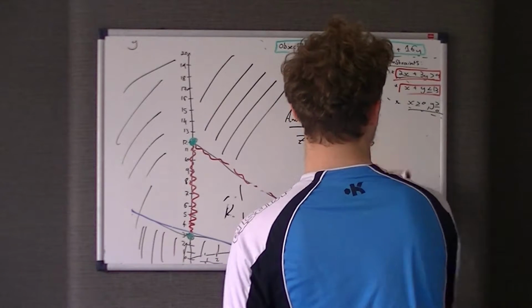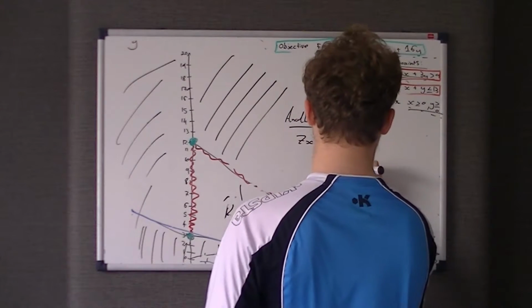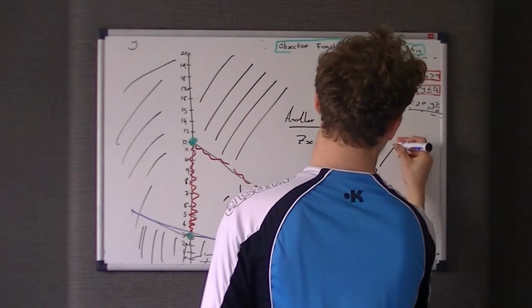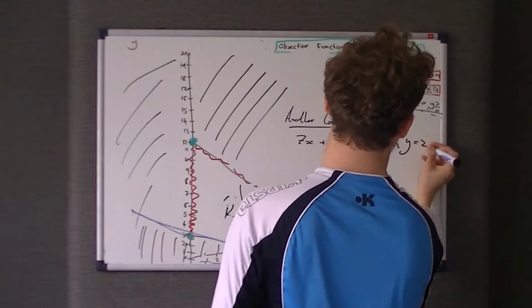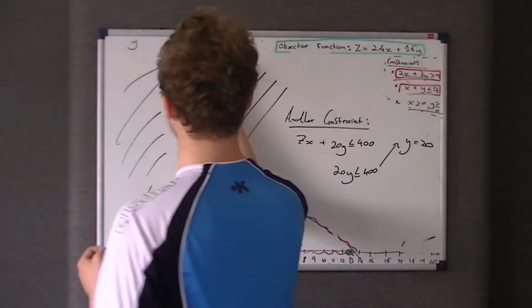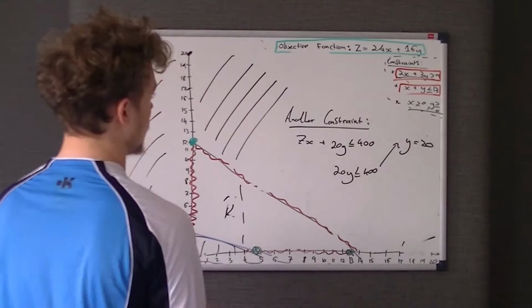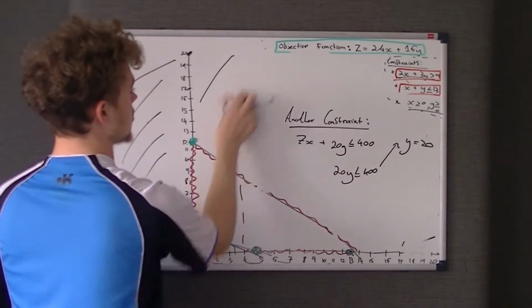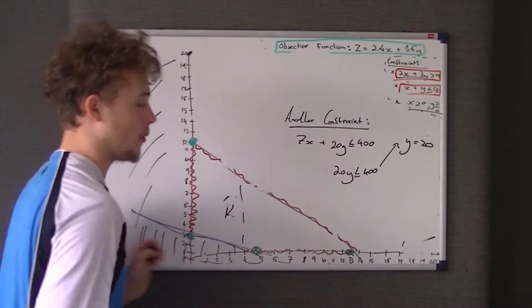So 7x plus 20y must be less than 400. Therefore 20y is less than 400, so y must be less than 20. So it crosses the y-axis at 20, and you put a blob on the y-axis at 20. This bit would already be shaded out, but I'm just going to unshade it so you can see where this line will go.